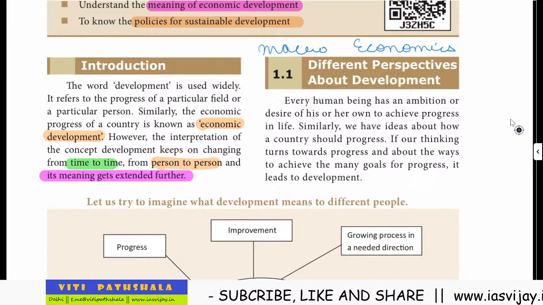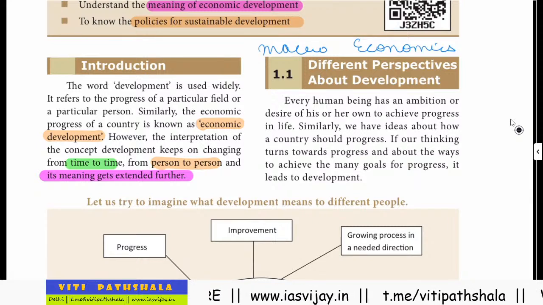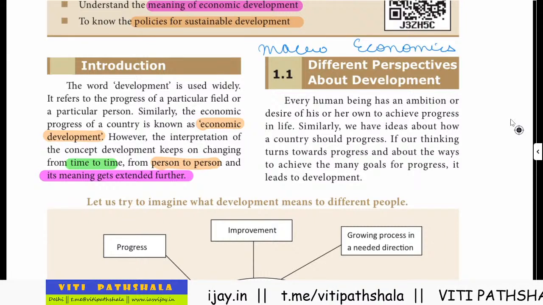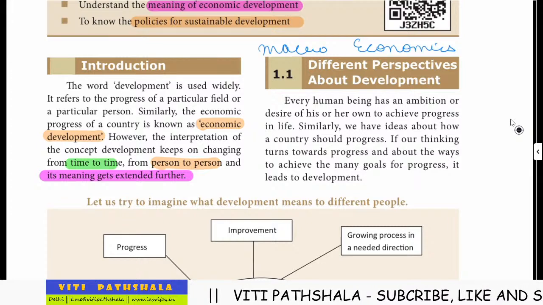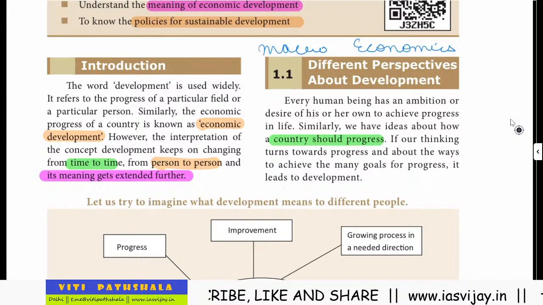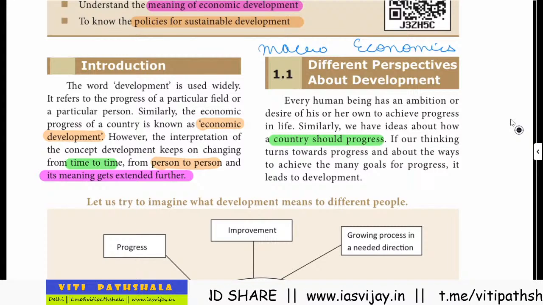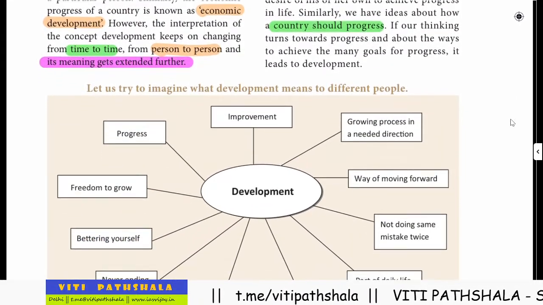So every person wants progress in their life, he wanted to develop, he wanted to progress further. Similarly, we have an idea about how a country should progress. If our thinking turns towards progress and the ways to achieve the many goals for progress, it leads to development.